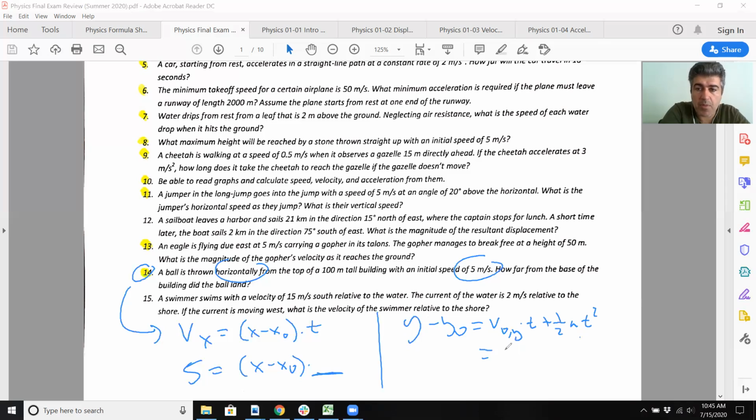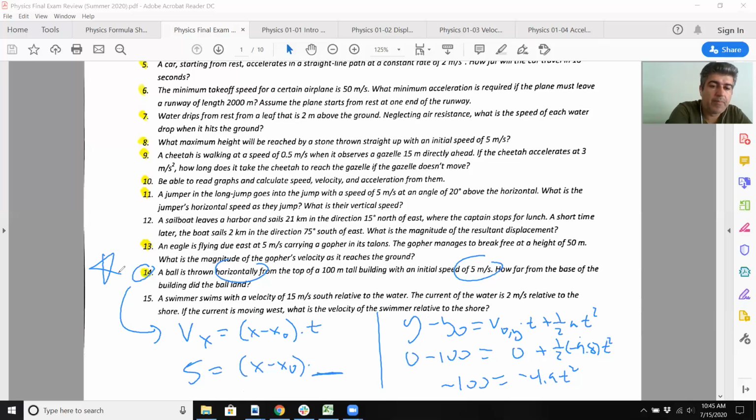Again, you have no velocity in the y direction, so that just goes away. You're doing negative 9.8 t squared. And initially, your position is 100 off the ground. You're going to get down to the ground, which is 0. So negative 100 is going to equal negative 4.9 t squared. Solve for t, throw into here, and then you'll solve for how far it lands. That's one I could ask in the final. I like 14 a lot. 14 is a really good one.